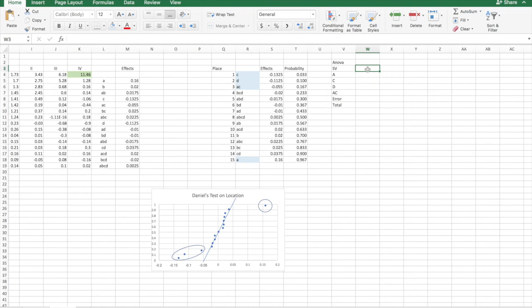Now we have to make the sum of squares. The sum of squares we can calculate from here. Sum of squares equals the contrast squared divided by n, which was 1, times 2 to the 4, because we have 4 factors.